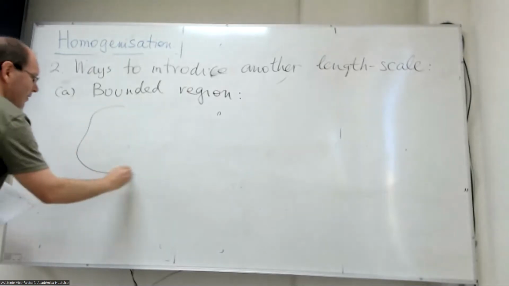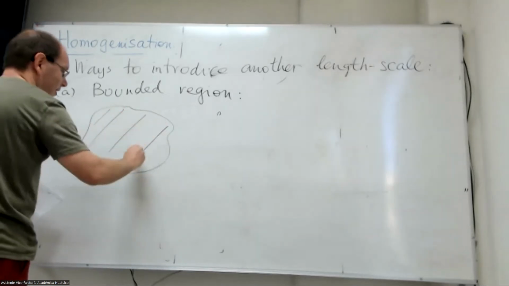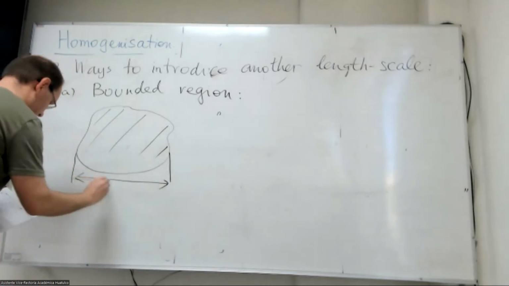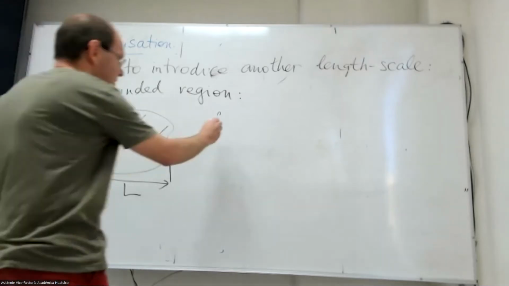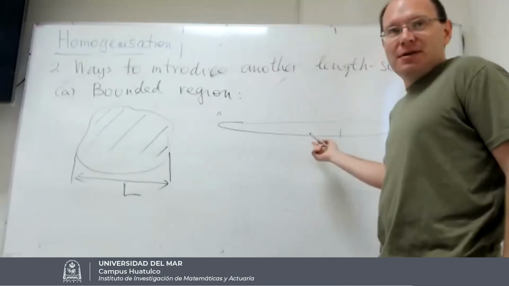So I'll just take some region in space, and well, in the actual physical space, it's measured. It has some characteristic length, unless it's very special in some way, like this, right? This is special, right?